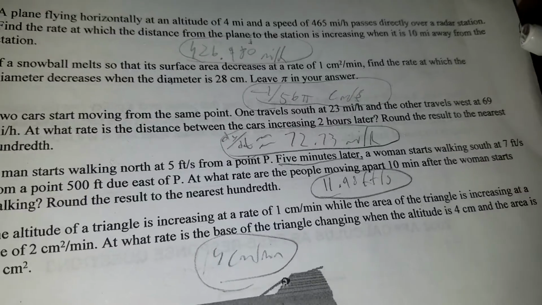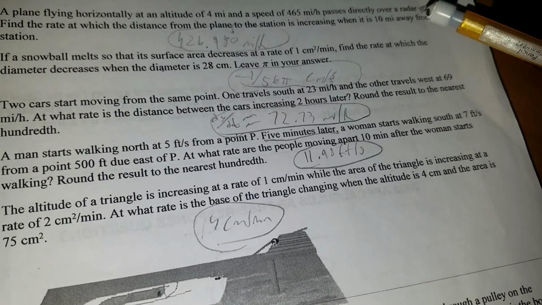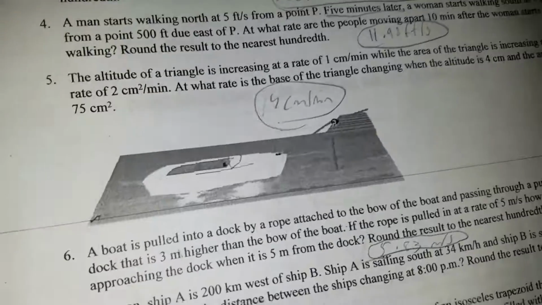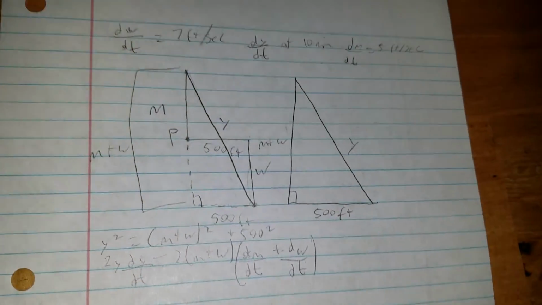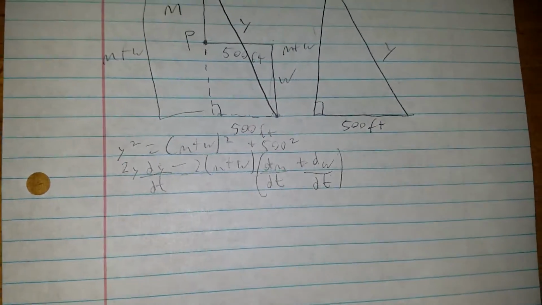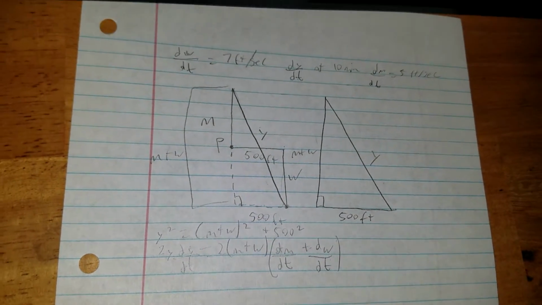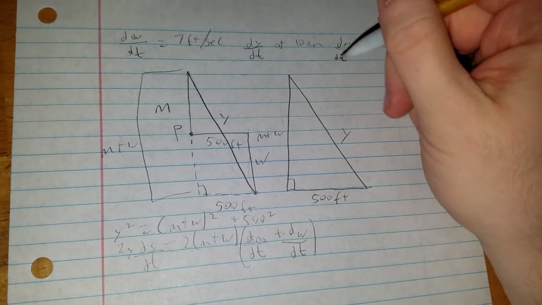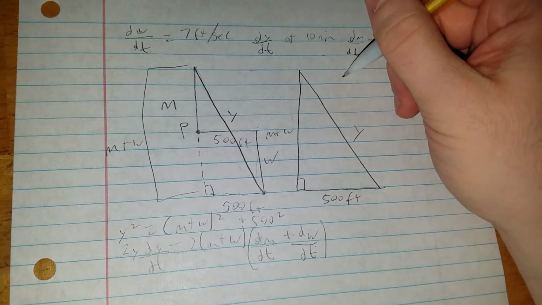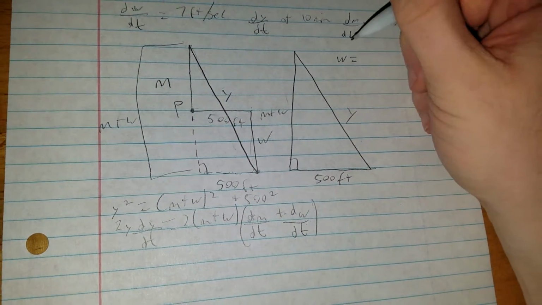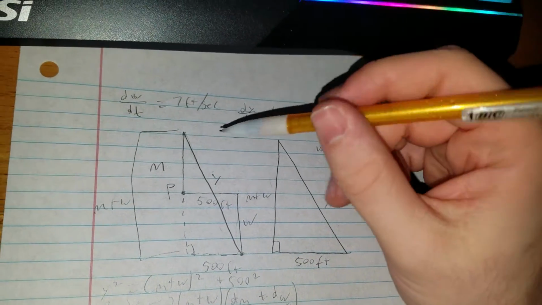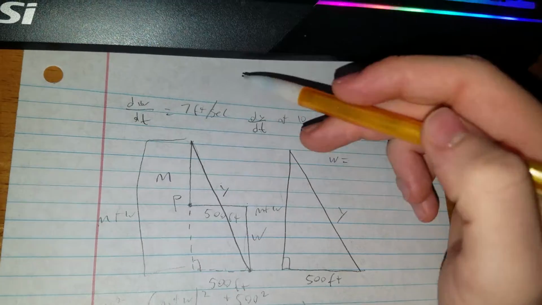So it tells us that we are finding the rate at which they're moving apart 10 minutes after the woman starts walking. So we know that the woman has been walking for 10 minutes, and at 7 feet per second.